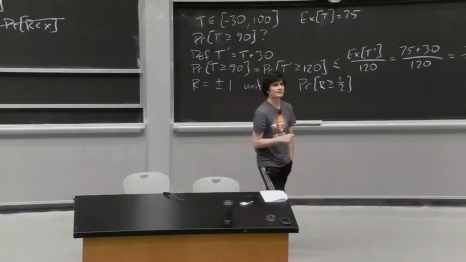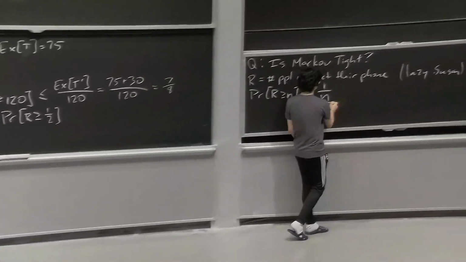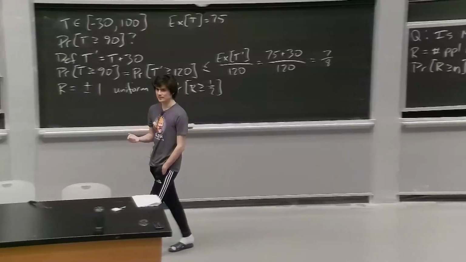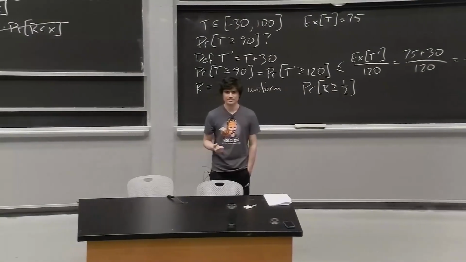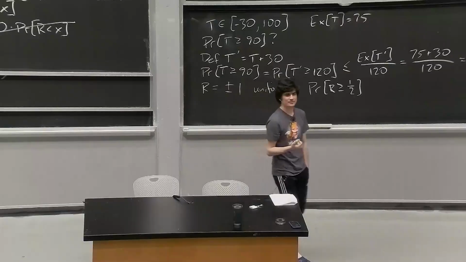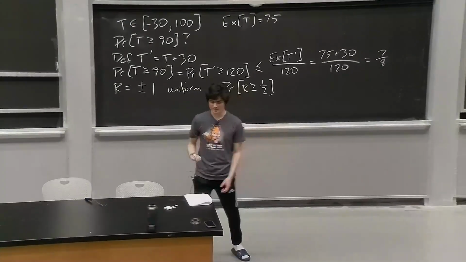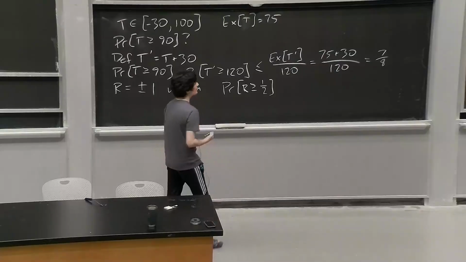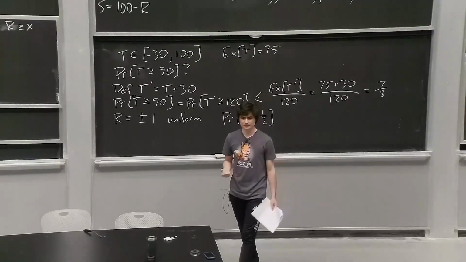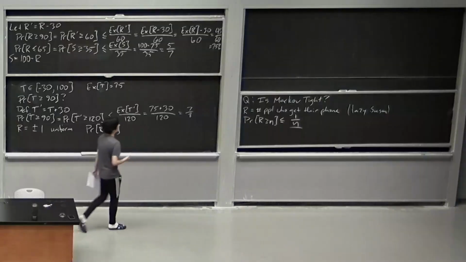Yes, the actual probability is 1 over n. So this is tight. We can't say anything stronger than Markov without additional information. Does that make sense? If we know something else about our distribution, then we might be able to say something more. But if all we know is the expectation and the non-negativity, then Markov is the best that we can do.